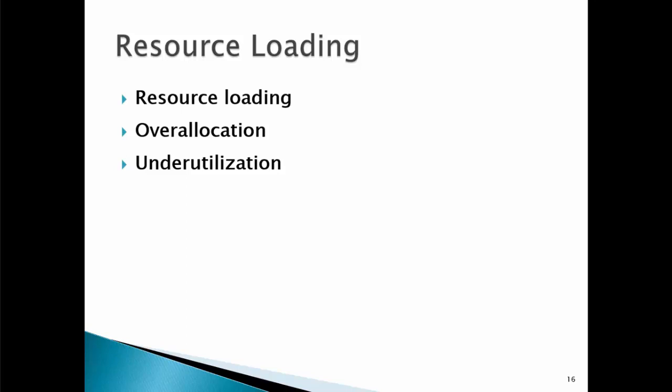Overallocation means assigning more activities than a resource can handle or perform. Underutilization is a condition where the resources available are not being used to their full potential or ability.